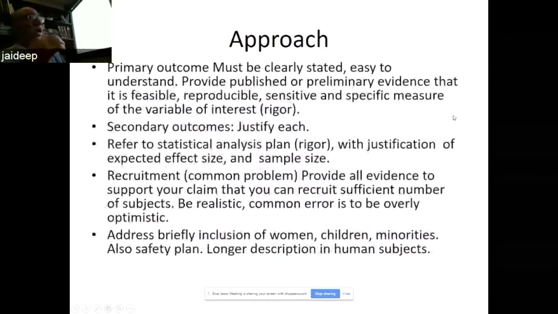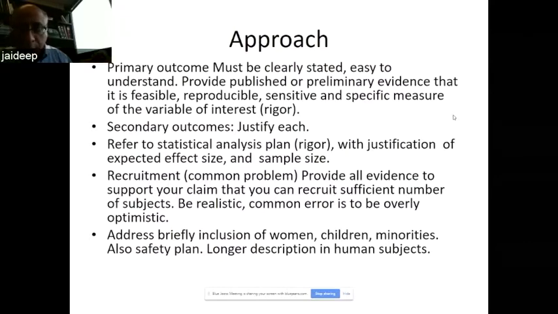A good approach is to lay out a diagram or a figure illustrating how those steps will proceed. It may begin with screening, enrollment, inclusion, exclusion, intervention, and then go on to primary outcome determination. If you can lay that out in a figure, it's much easier for the reviewer to see how the study would flow.